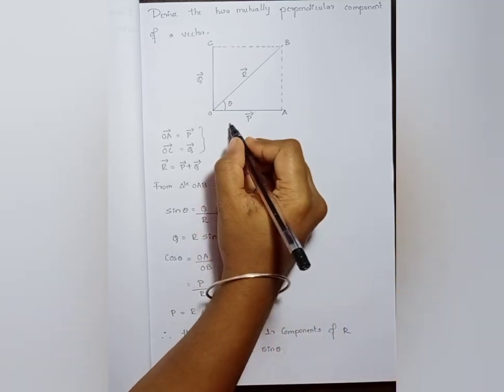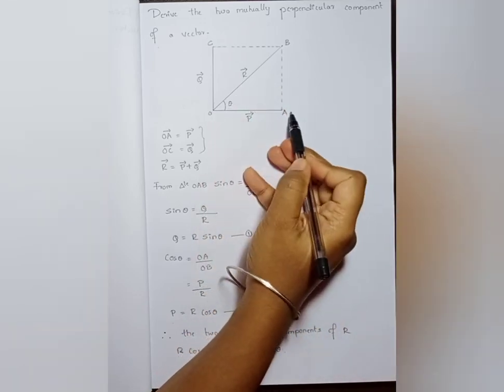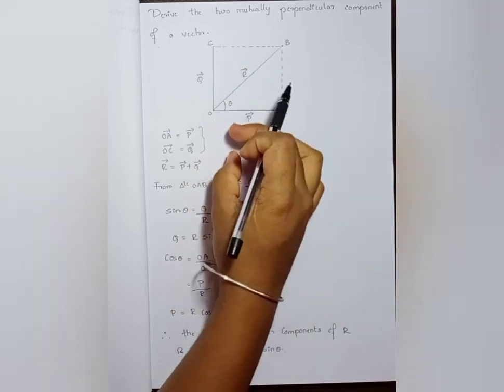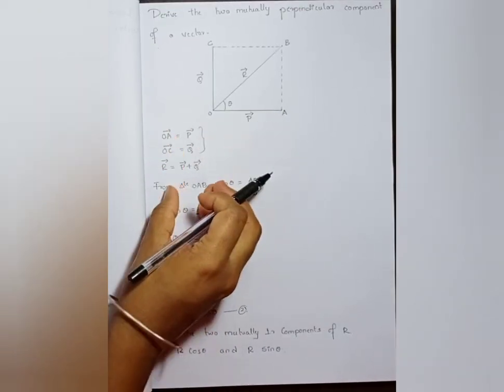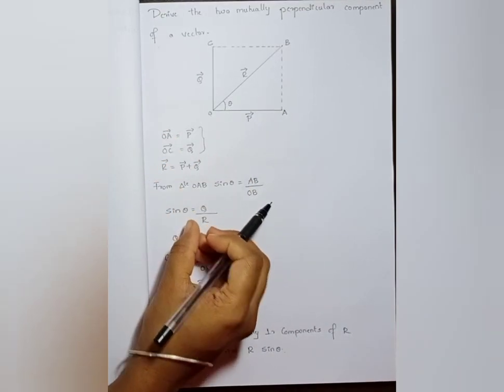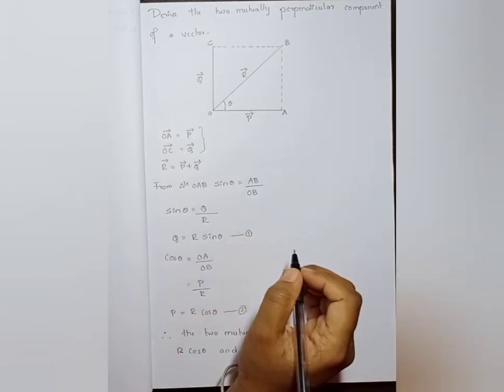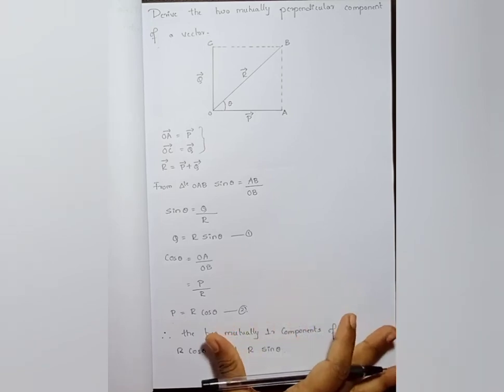Write, consider R is a vector and OA is the x-axis, and OC is perpendicular. Write the statements and then start writing the steps. If you derive it in that way, they will give you full marks, that is 5 out of 5. Hope this derivation is clear.